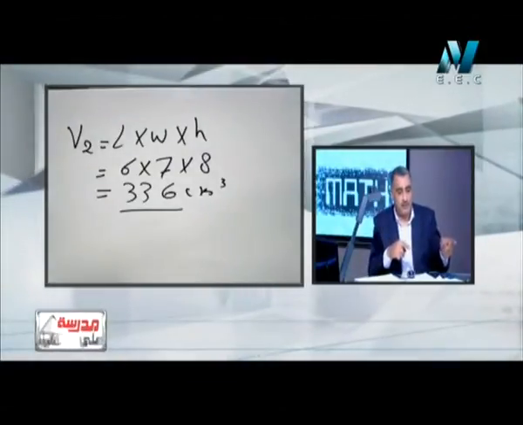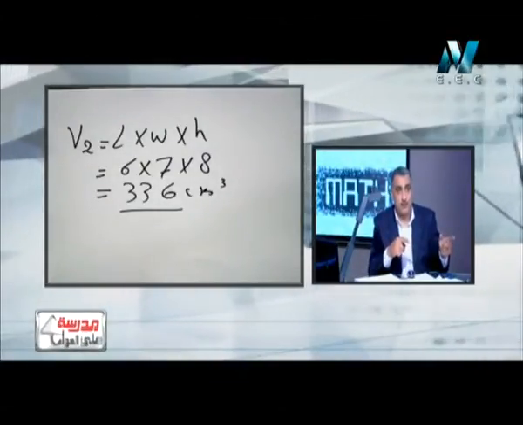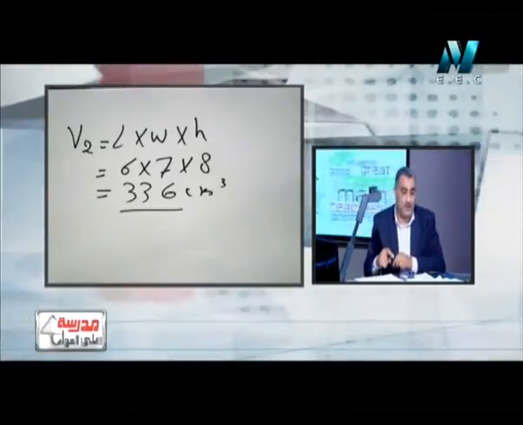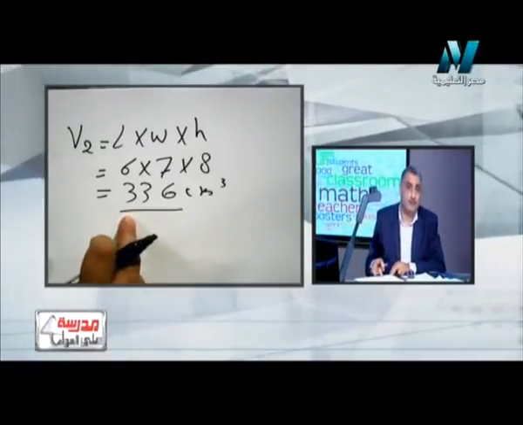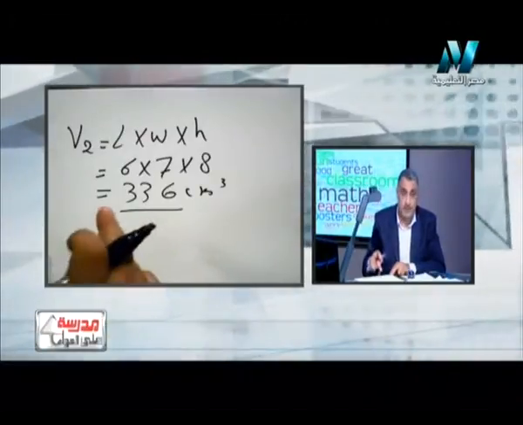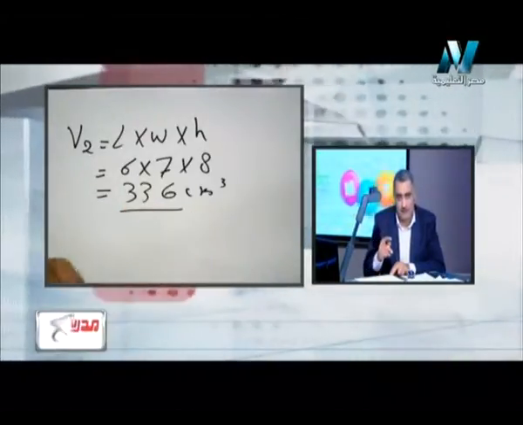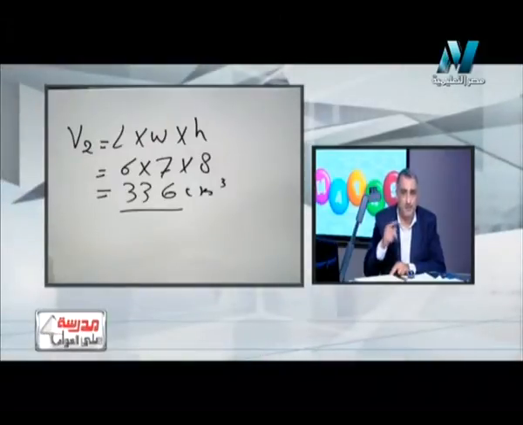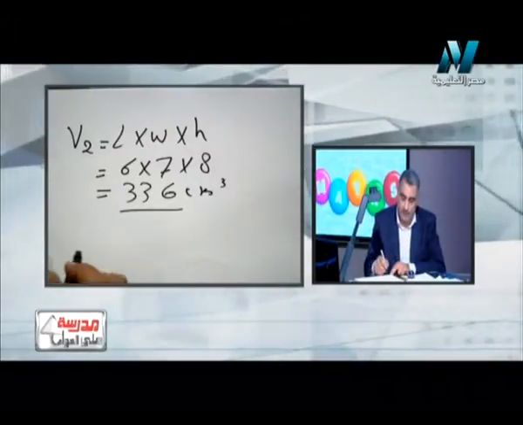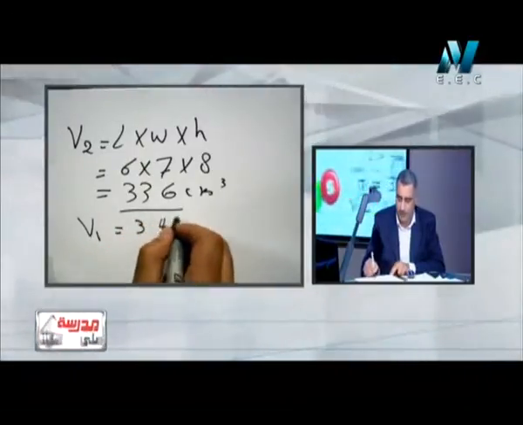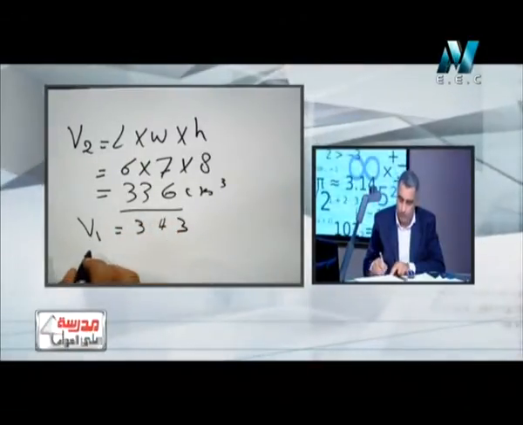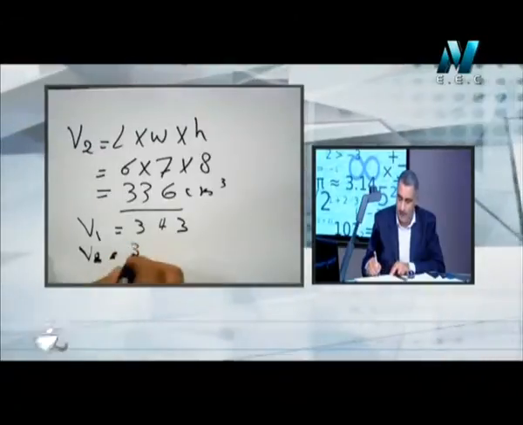The volume of a cube, V1, equals 343. And the volume of a cuboid, 336. Which one is bigger? Excellent. The volume of a cube is bigger. V1 equals 343, V2 equals 336.